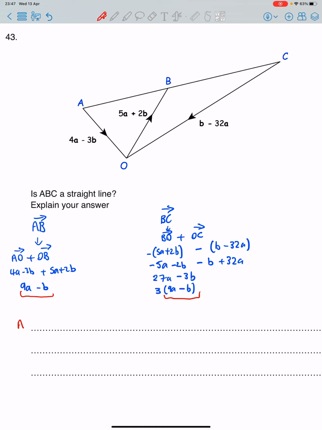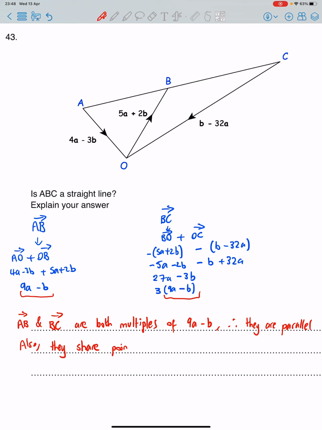So we say AB and BC are both multiples of 9A minus B. Therefore, they are parallel, P-A-R-A-L-L-E-L, and also they share point B. Therefore, ABC is a straight line.